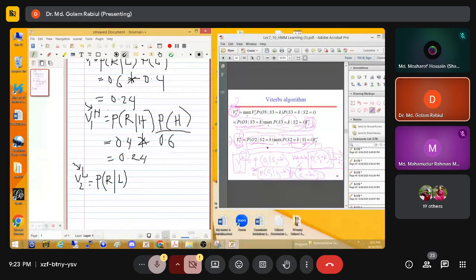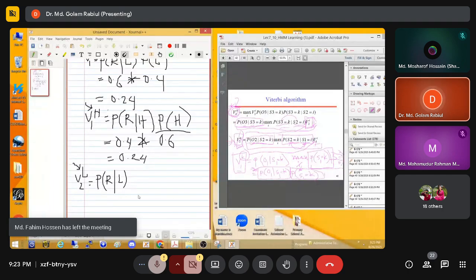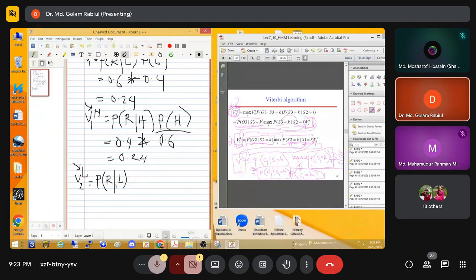And then max over I, with state 2 equal K and S1 equal I, and V1 of I. The I can again be low atmospheric pressure and high atmospheric pressure. So we have to consider for which value of I we will get the maximum.